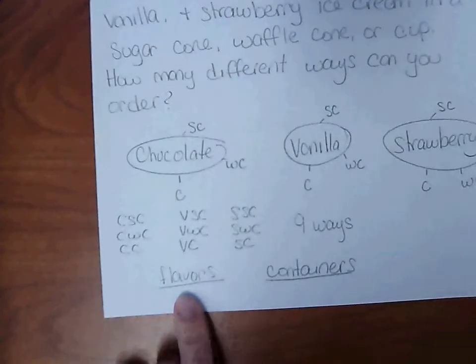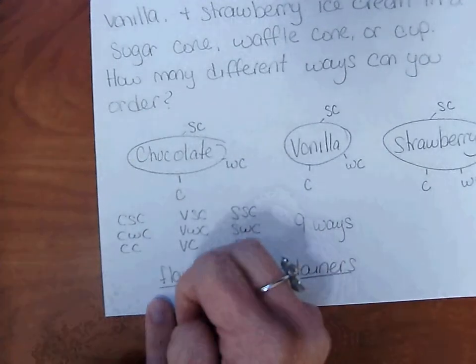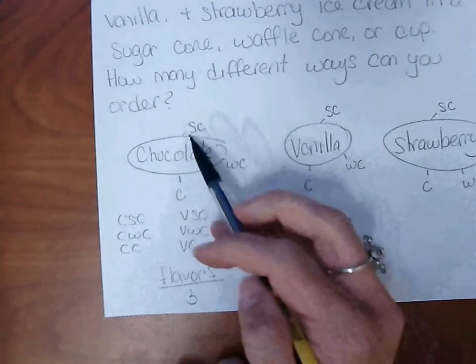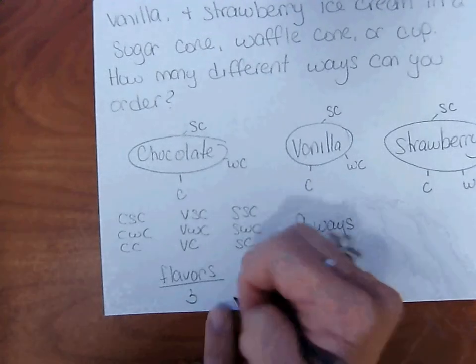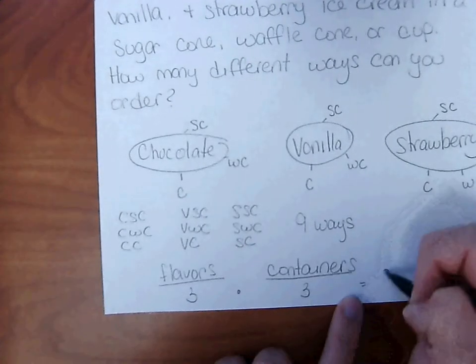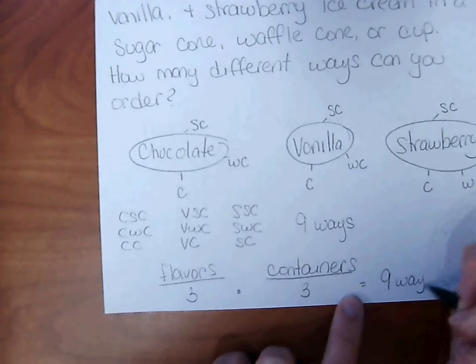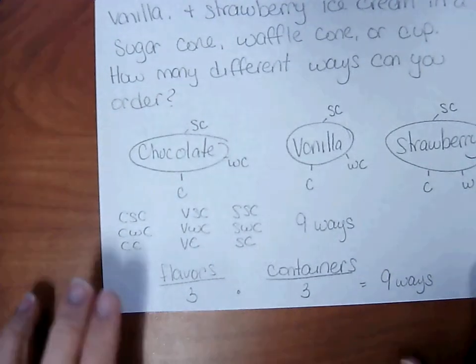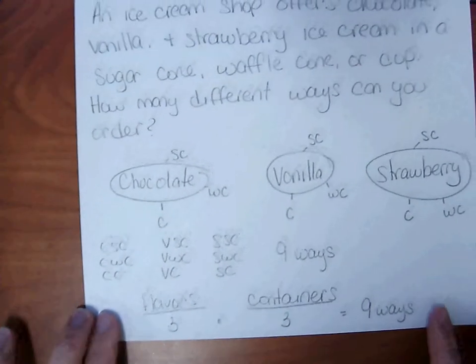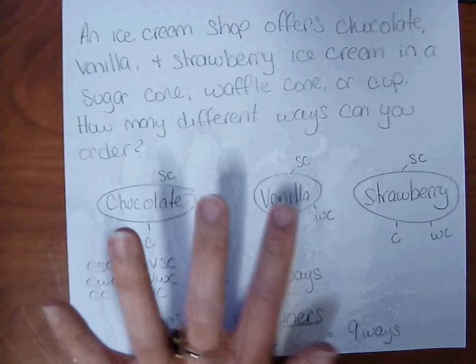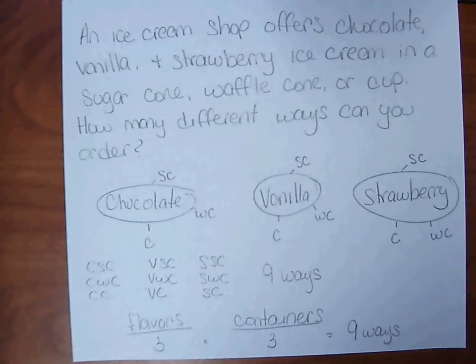Well, we had 3 choices of flavors and 3 choices of containers. So 3 times 3, once again, will give us 9 ways. When you're making your tree diagram, it's very important to remember that what goes in the bubble are the choices and not the categories.